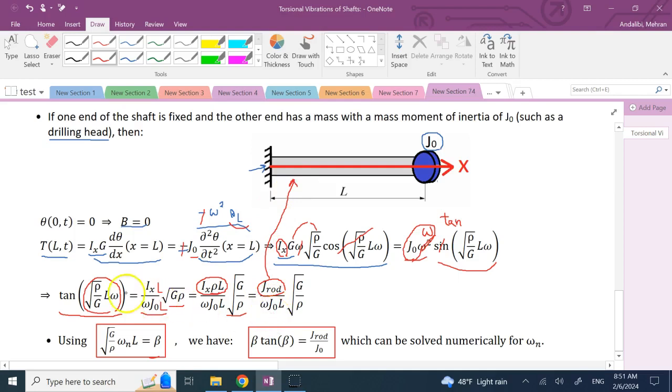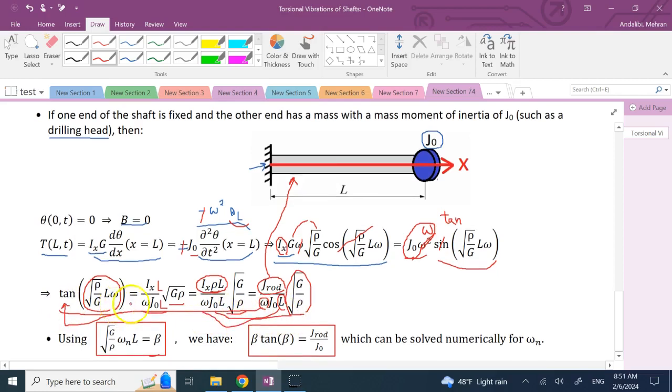And then, remember the term we want is L omega square root. And you can have it here. This is the omega of it, this is the L of it, this is the square root G over rho. So if we multiply both sides by the reciprocal of these terms, or basically bring these terms to the left-hand side, both this one and this one, you'll get square root of rho over G times L times omega.